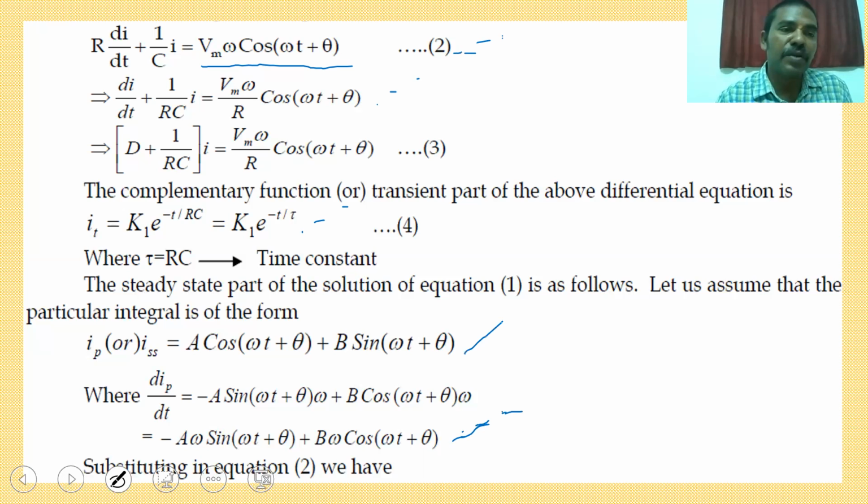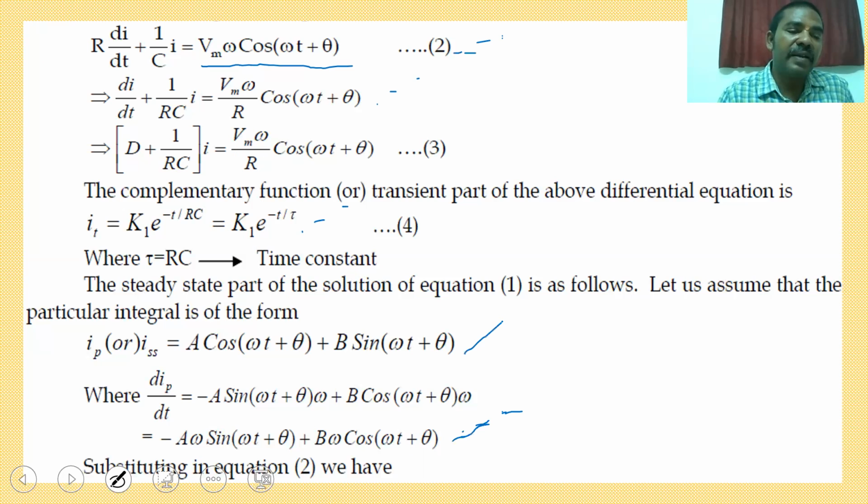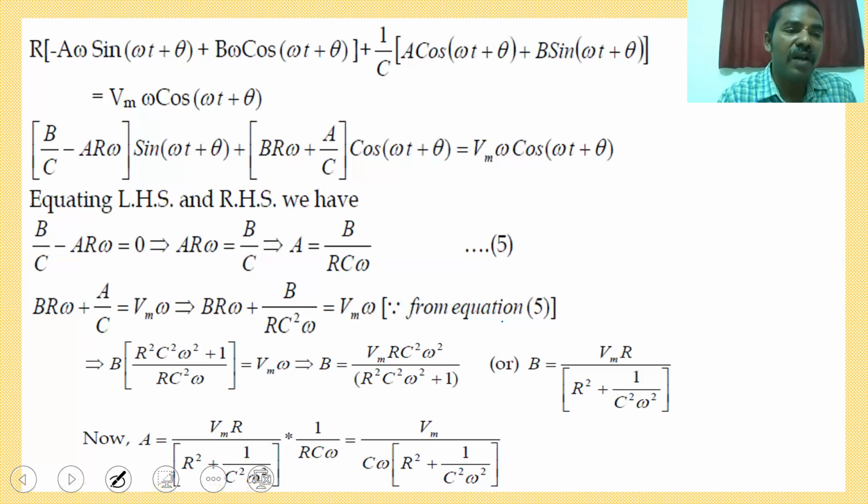If you substitute, you get R into di_p/dt, where you write −A ω sin(ωt + θ) + B ω cos(ωt + θ), plus 1/C times the i value, A cos(ωt + θ) + B sin(ωt + θ), equal to Vm ω cos θ.